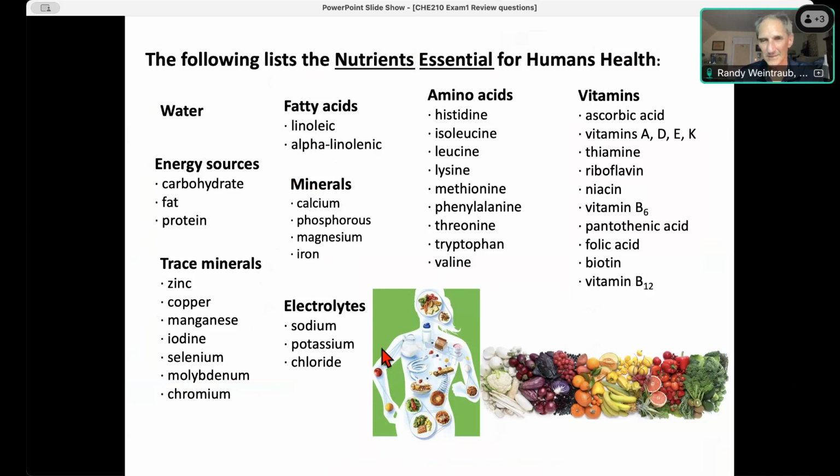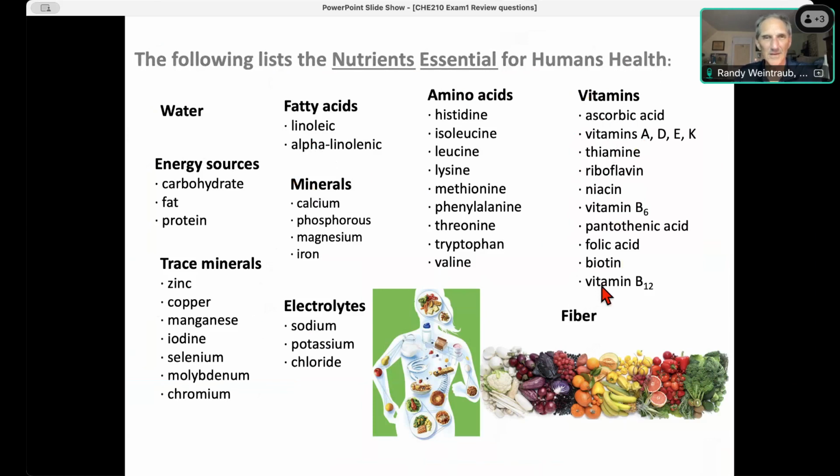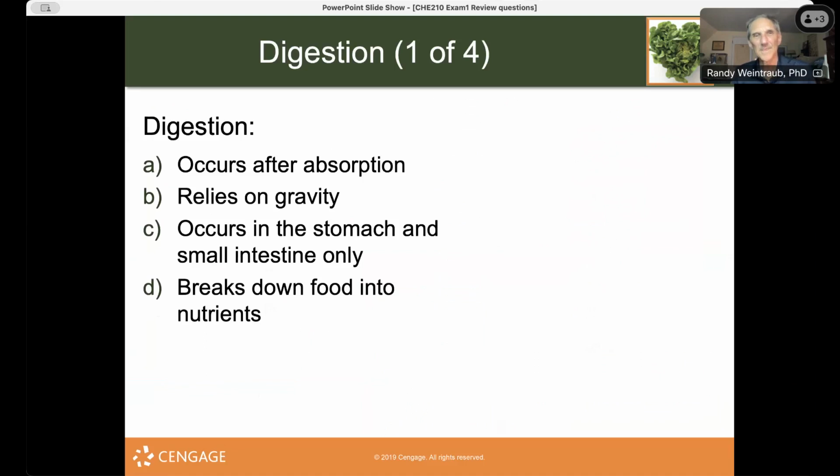What else do we want to do here? Okay, so we have big chapters on the fat soluble vitamins and water soluble vitamins. They will come up. Fiber, also a nutrient. And digestion is just a breakdown of food into nutrients that can be absorbed.